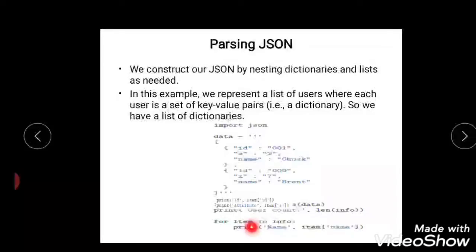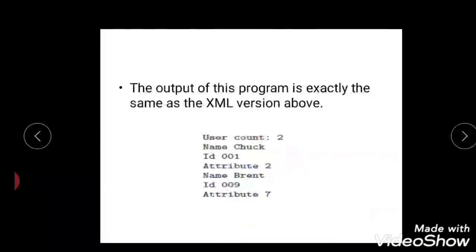I'm using a for item in info loop, printing name, printing id, printing attribute. As a result, I get the user count, name, id, attribute, and again name, id, attribute.